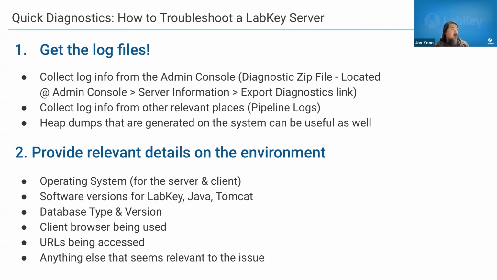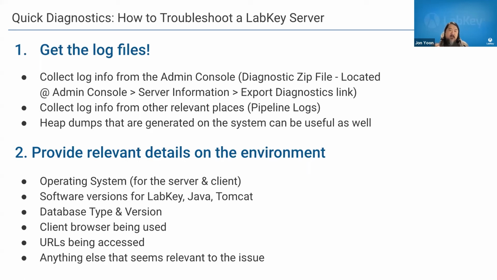Another place that logging information occurs is within pipeline logs within LabKey. If you do anything such as an ETL or a file watcher, or you're doing a study reload, much of that information ends up in a pipeline logs section for the particular container that you're in.